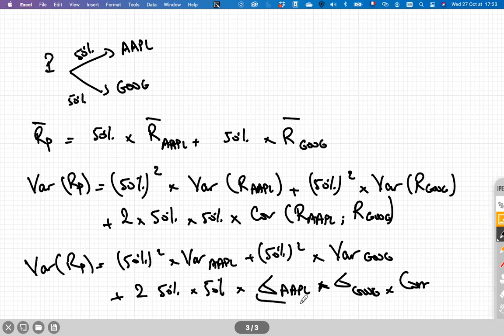Because these two together will be the covariance. So you can use it with covariance directly or using the correlation.